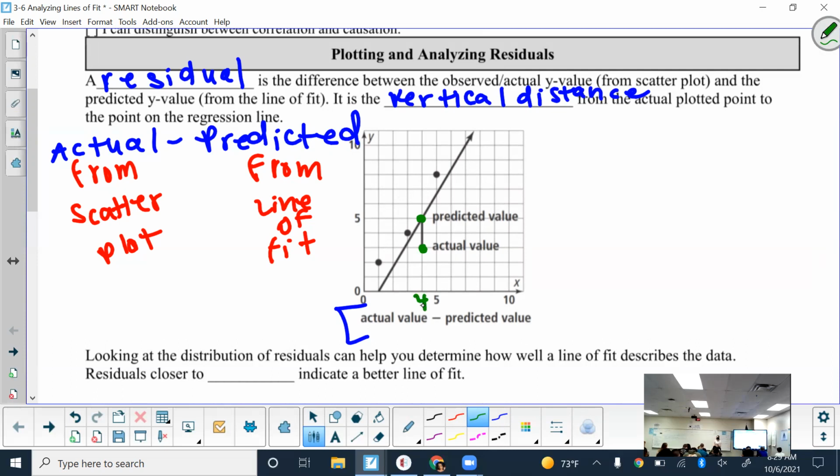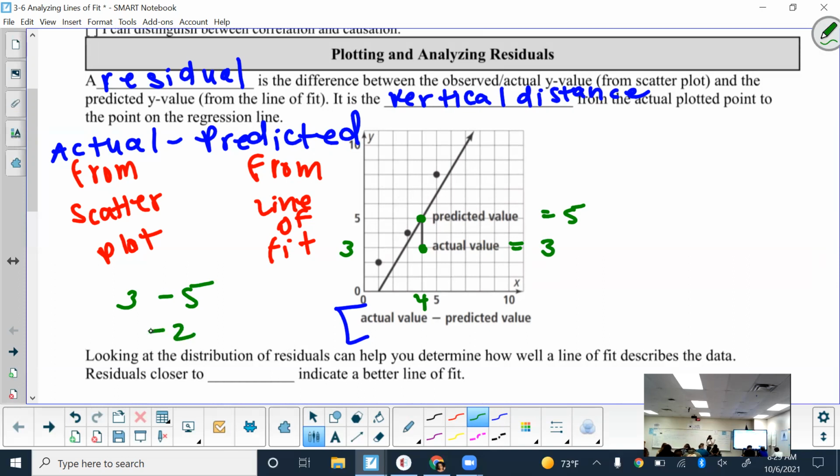So when x is 4, what's the output for the actual value? 3. So my actual value is 3. My predicted value is 5, and it's the vertical distance between them. It's actual minus predicted, so my residual in this example is 3 minus 5, which is -2.